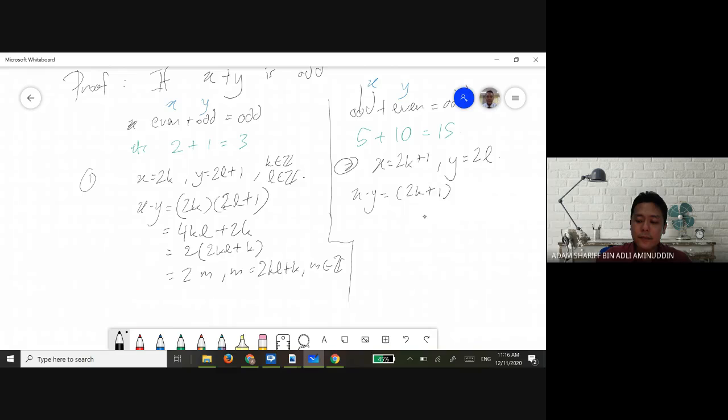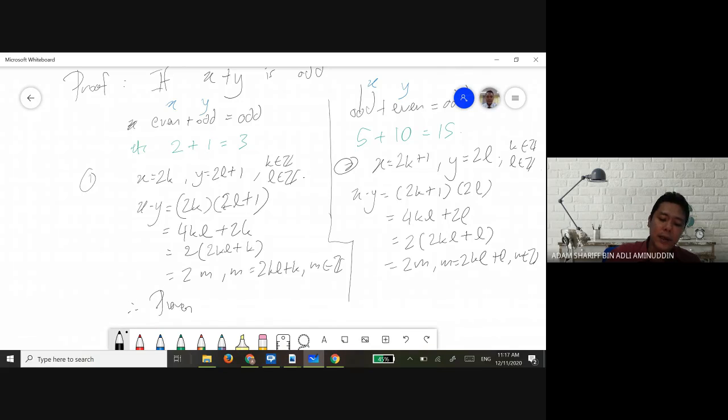X, Y. So we managed to prove by these two cases, if x plus y is odd, then definitely the multiplication of x and y is, oops, even.